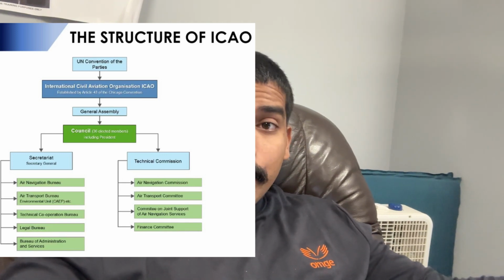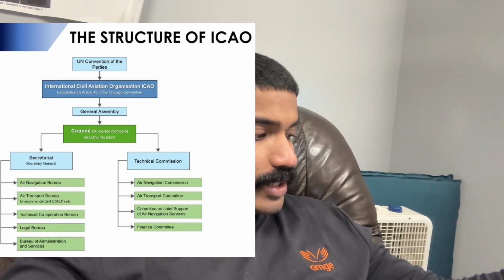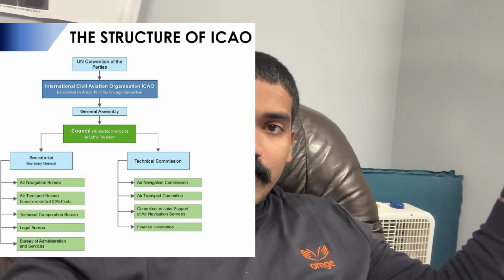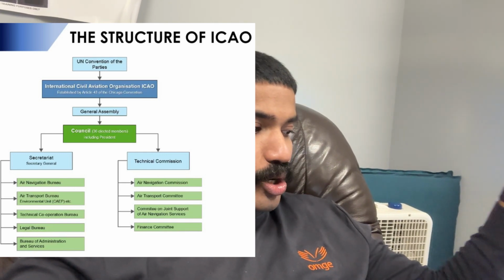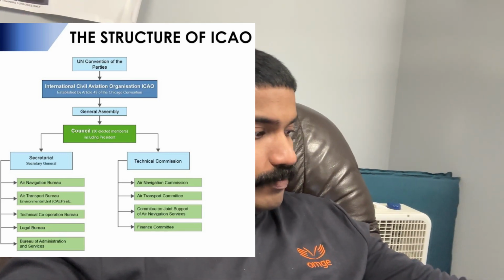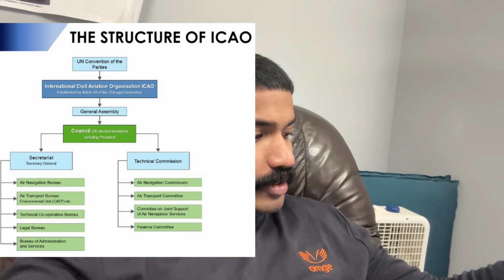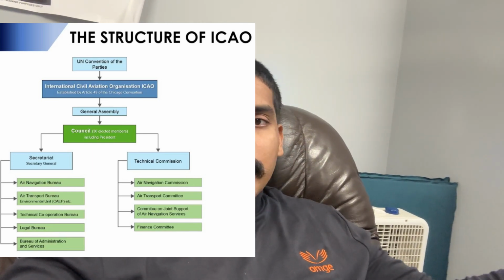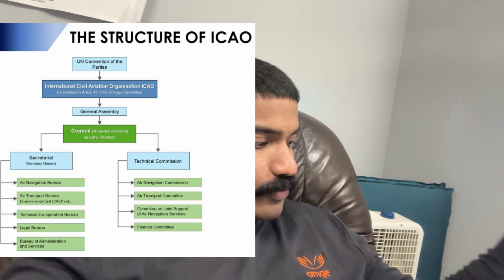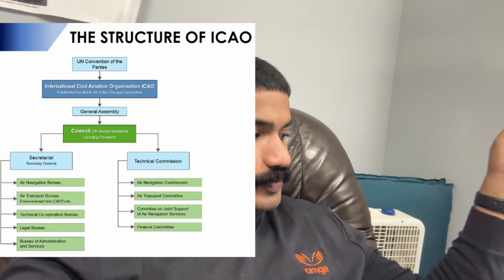There's a Legal Committee. Again, there's a Committee on Joint Support of Air Navigation Services, with not more than 11 members and not less than 9 members, also appointed by the council. Finance Committee has not more than 13 members and not less than 9 members, again appointed by the council. Committee on Unlawful Interference has 15 members appointed by the council.